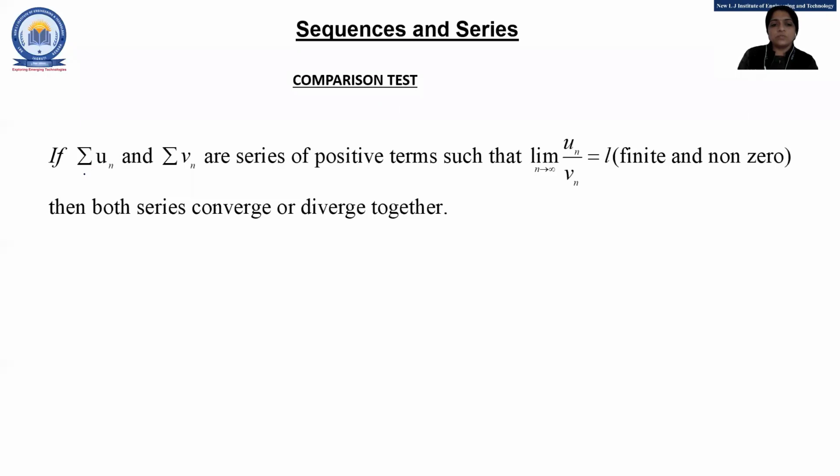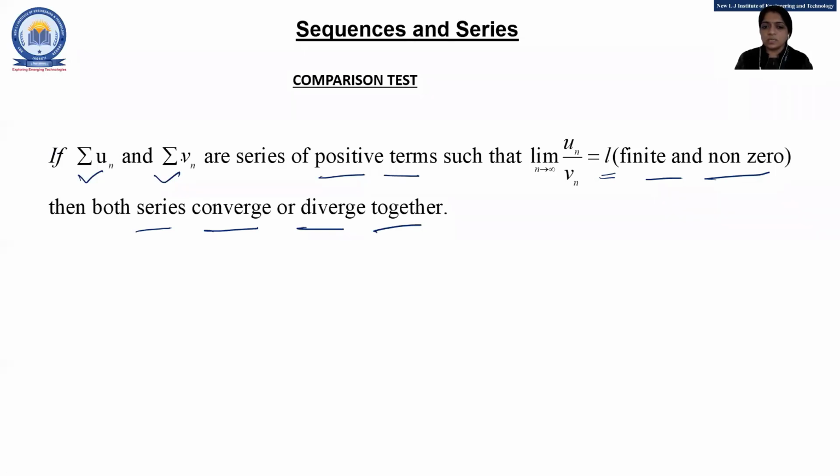If we have two different series, un and vn, both are positive term series, such that limit n tends to infinity, un upon vn equal to L, which is finite and non-zero, then both series converge or diverge together. What does it mean?